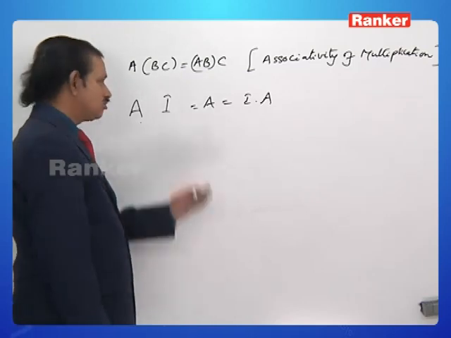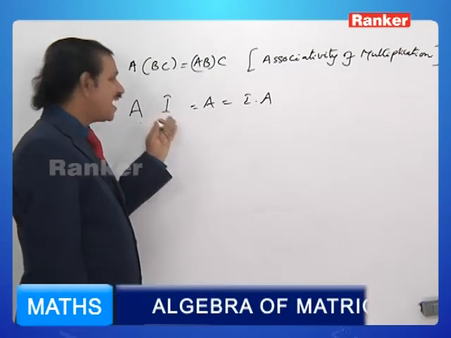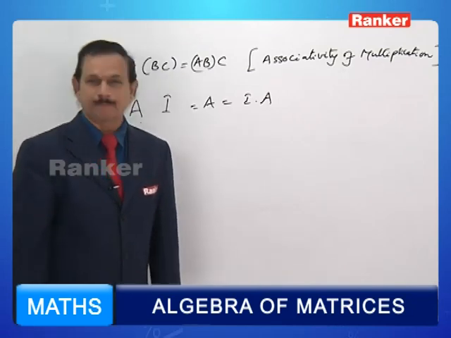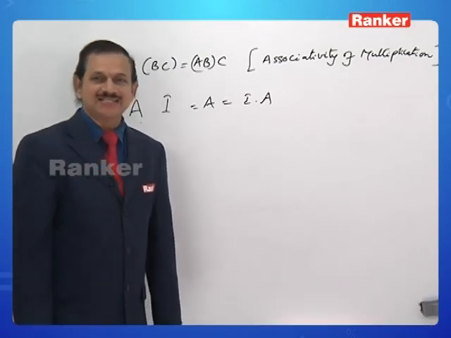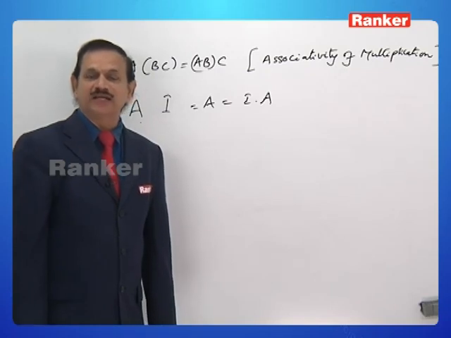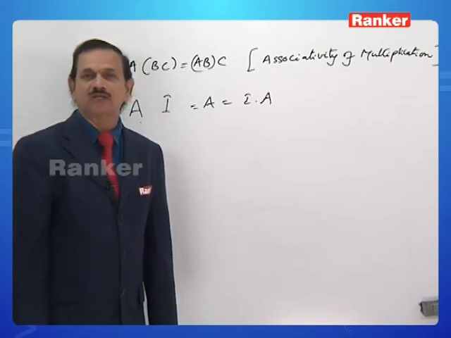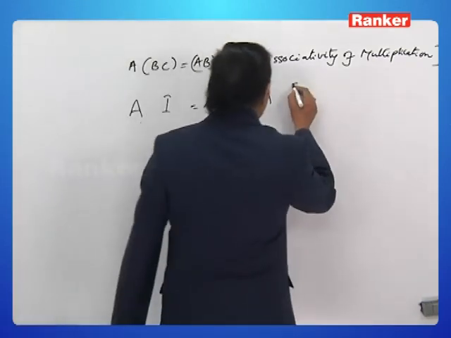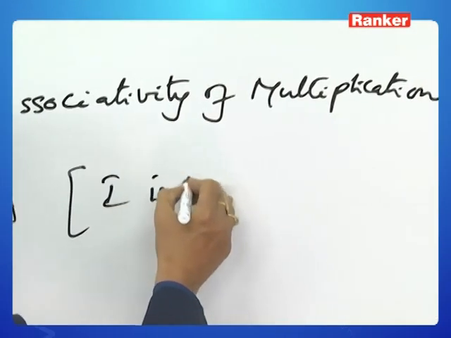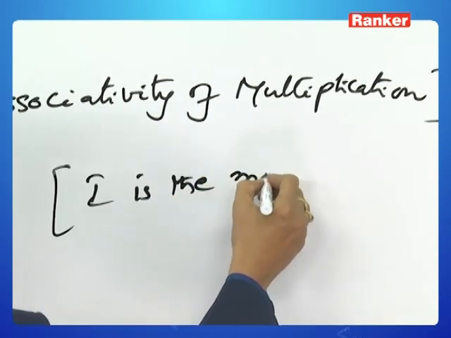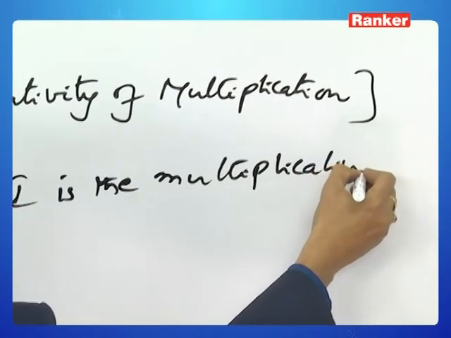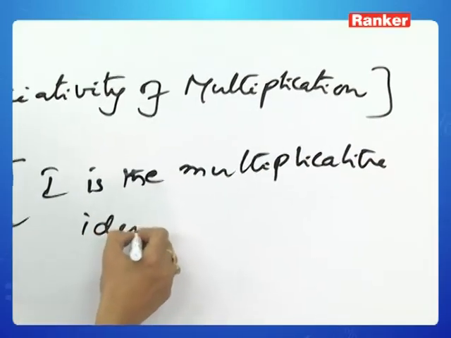And by virtue of this character, we say I is the multiplicative identity. As it works as the identity, that is why we call that matrix the identity matrix, isn't it? I is the multiplicative identity.